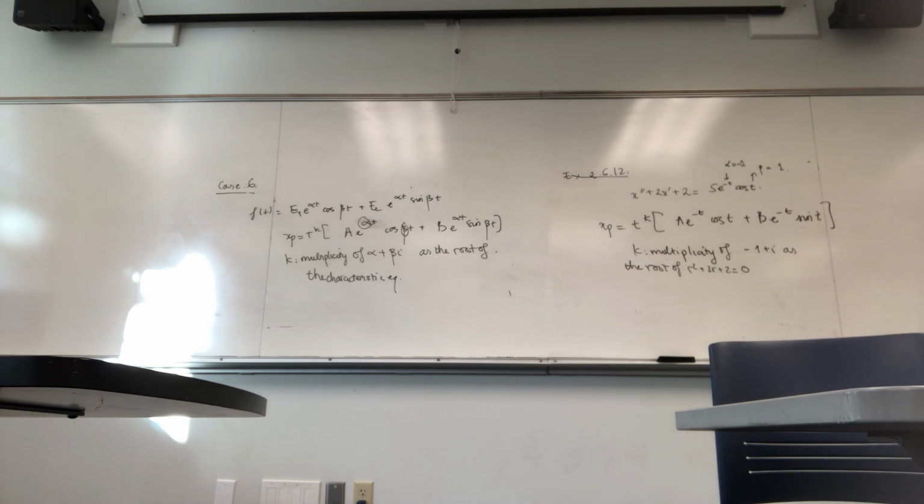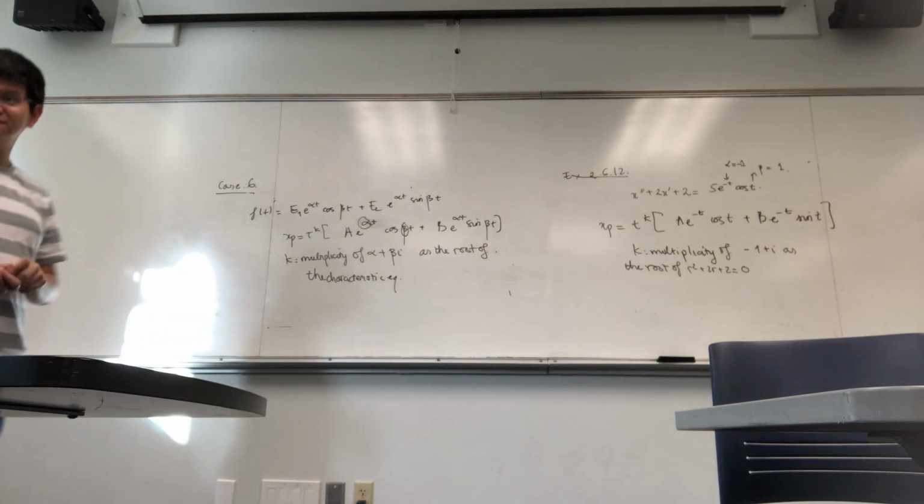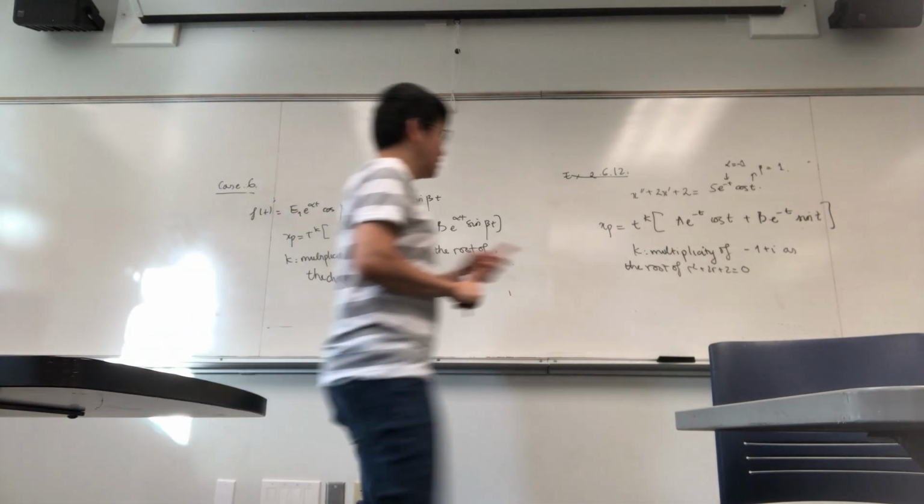So what is this multiplicity? 0? No. 1. Why? Because the roots are minus 1 plus or minus i, so it'd be 1.